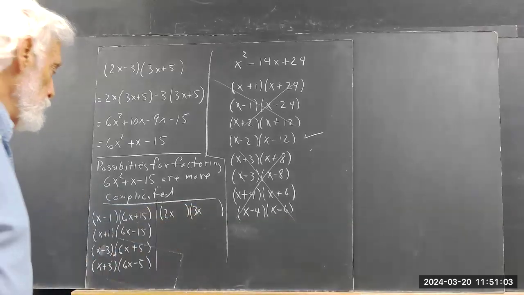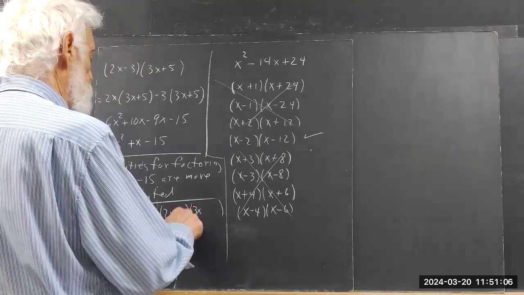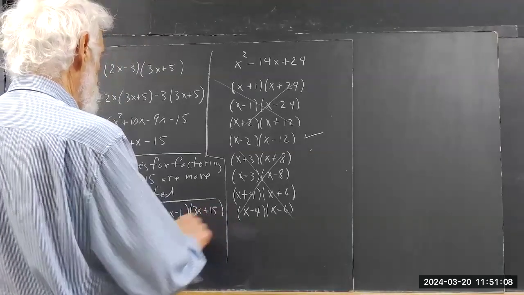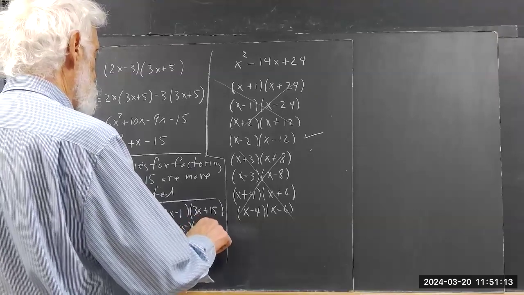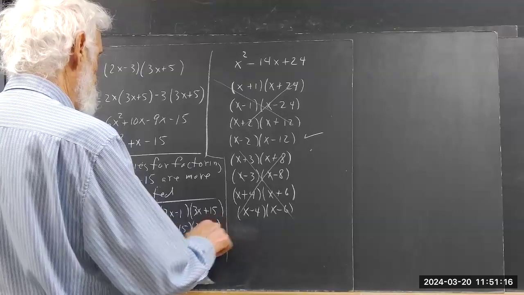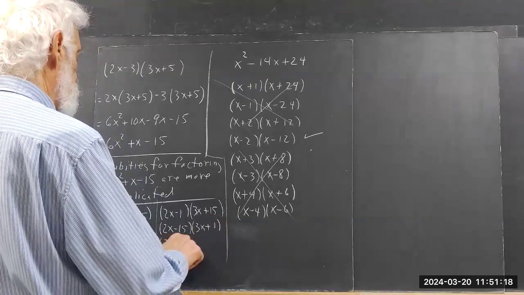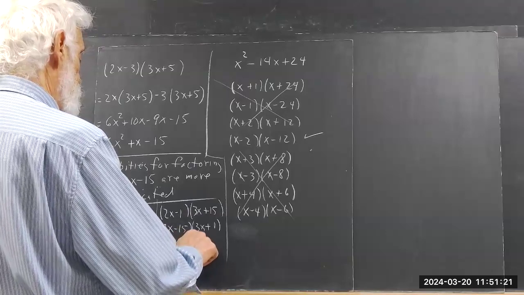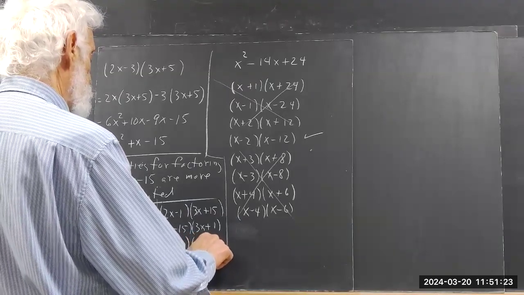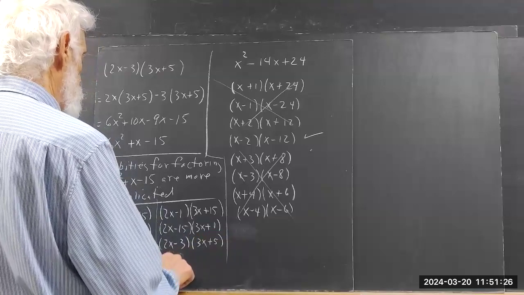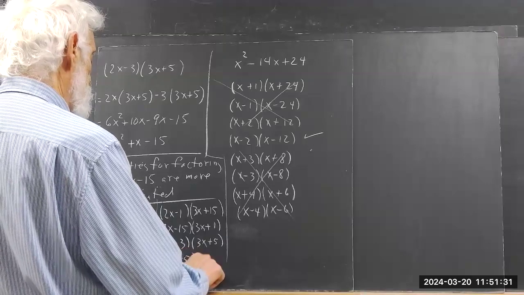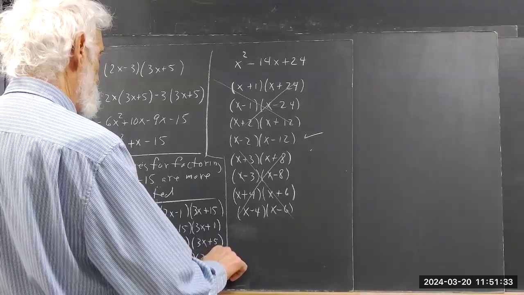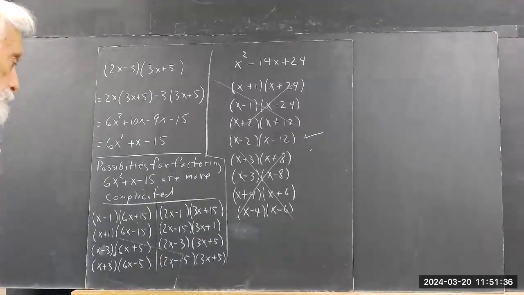We do similarly over here, okay? We do 2x minus 1 and 3x plus 15. With 2x minus 15 times 3x plus 1, or 2x minus 3 times 3x plus 5, or 2x minus 5 times 3x plus 5.